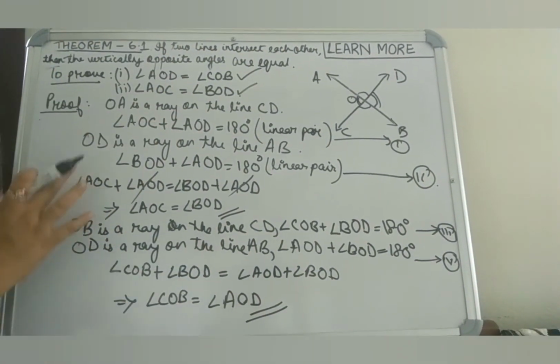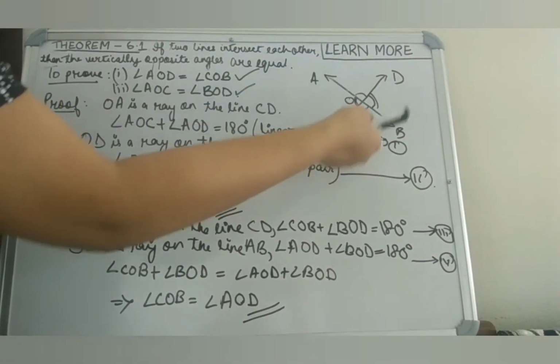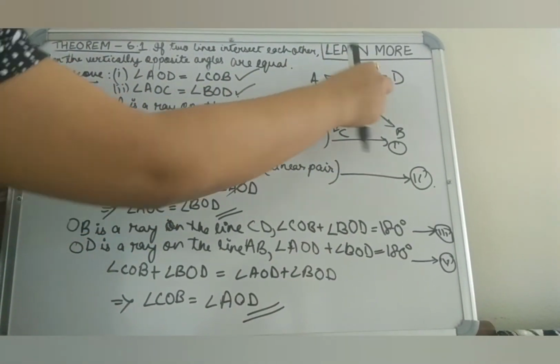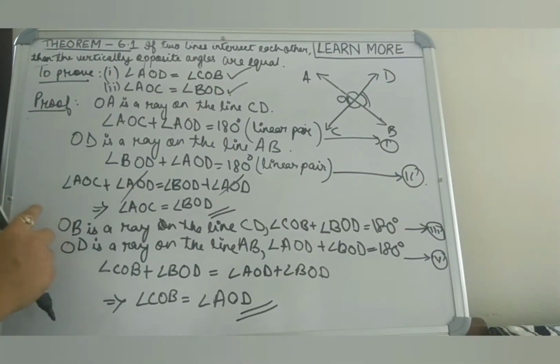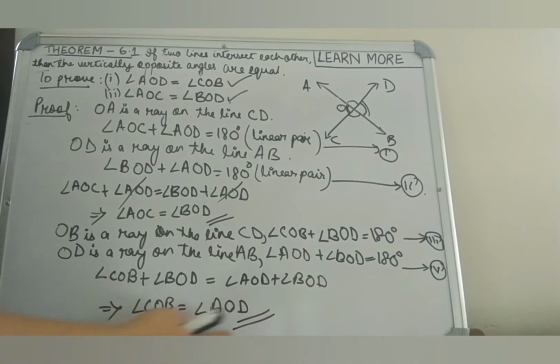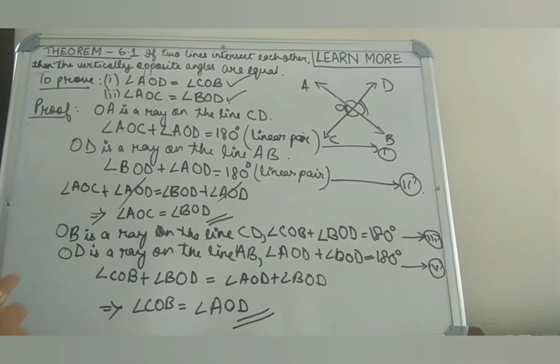In this way, if we find a ray and the adjacent angles, show that they sum to 180 degrees, and equate these equations, we can get that the vertically opposite angles are equal.